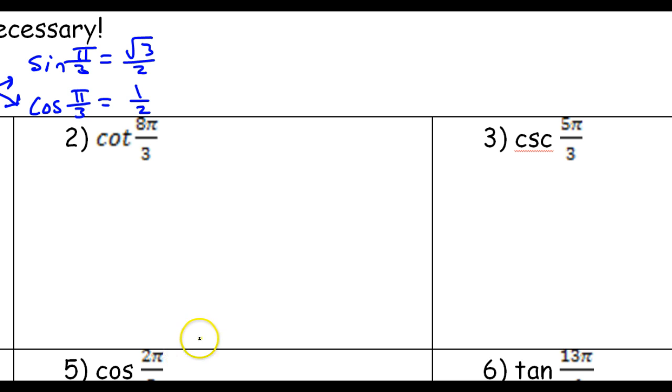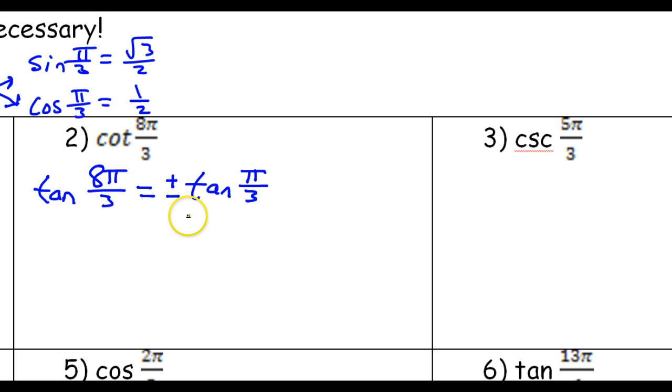Let's look at a couple more examples. If I want to find the cotangent of 8 pi over 3, well, this is the reciprocal of tangent. So let's start with finding the tangent of 8 pi over 3. Now the tangent of 8 pi over 3 is going to be the same thing as the tangent of the reference angle pi over 3, except maybe it'll be positive, but maybe it'll be negative.